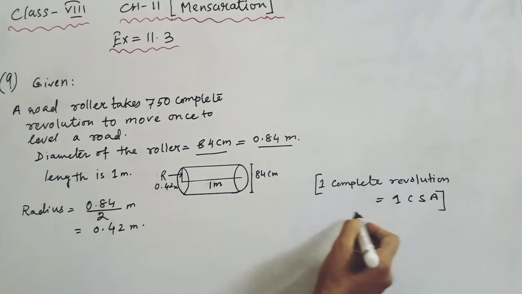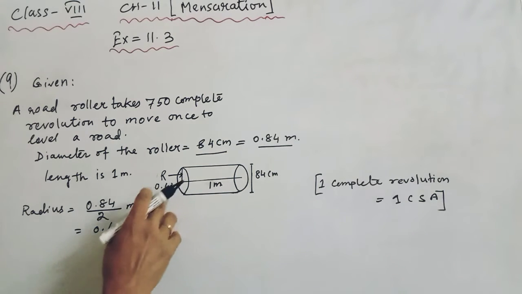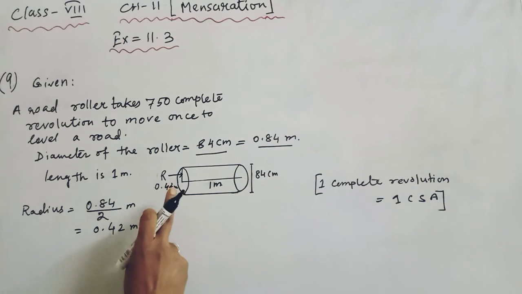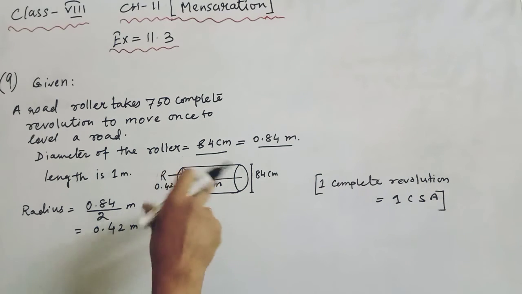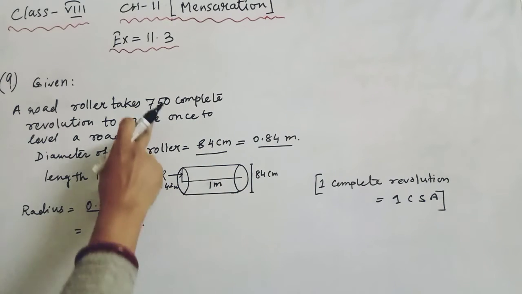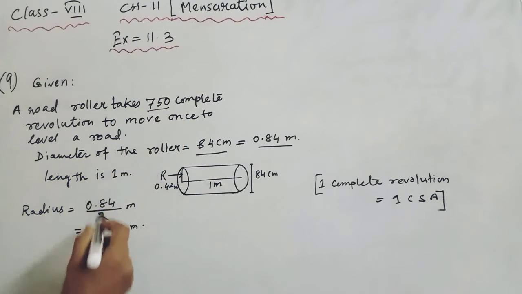We will find how much area the roller covers in one complete revolution, then in 750 complete revolutions how much area it will cover. That will be the area of the road. You have to find the area of the road.